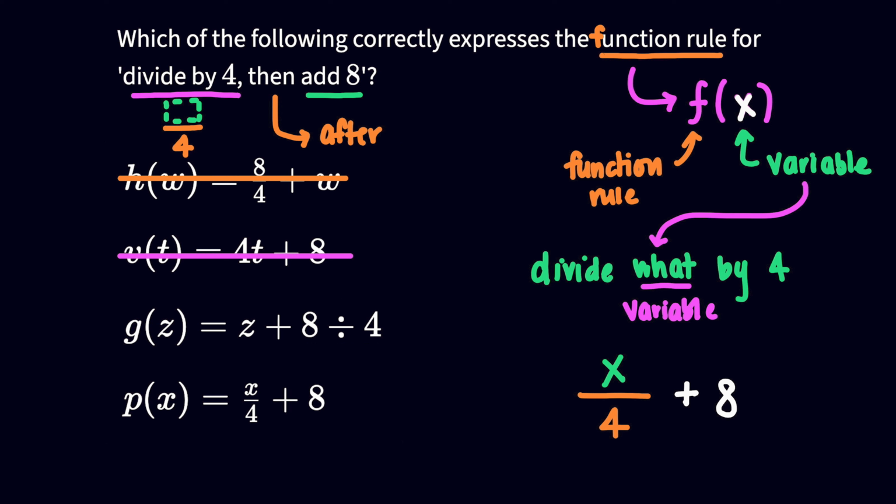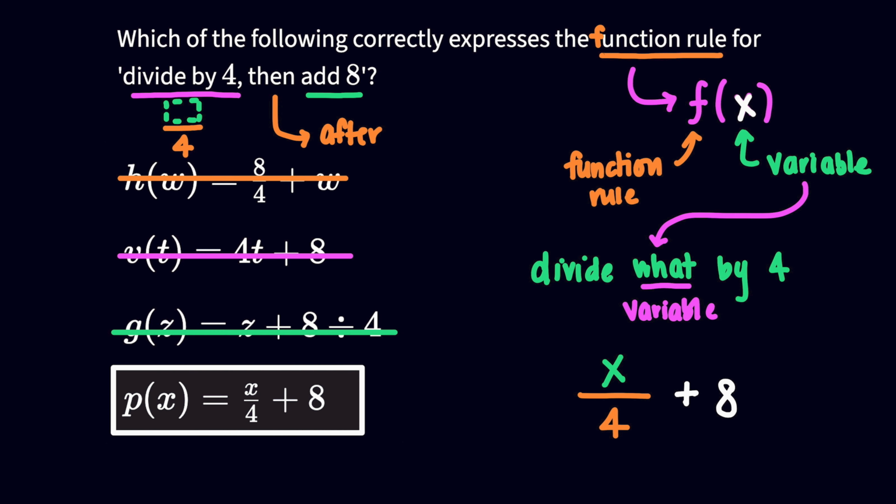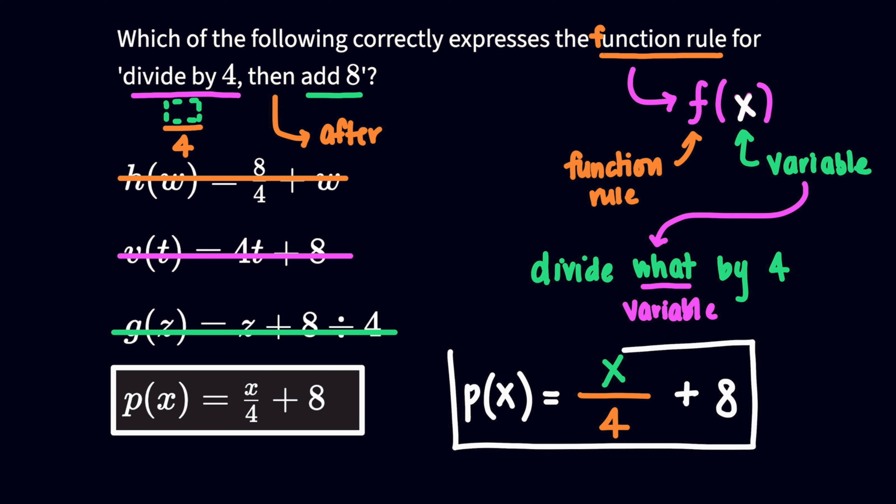Can't have the 8 in the middle of the 2, so goodbye on that one. And now we know what the answer is. And there it is. It has that x over 4 plus 8, and that's literally what it is over here. And, just to say, you could have said f of x for yours, but in this case, it was p of x, so we got it done. And that's the answer. What'd you think?